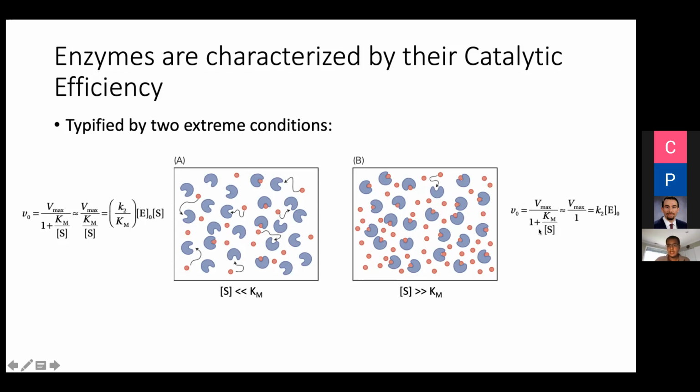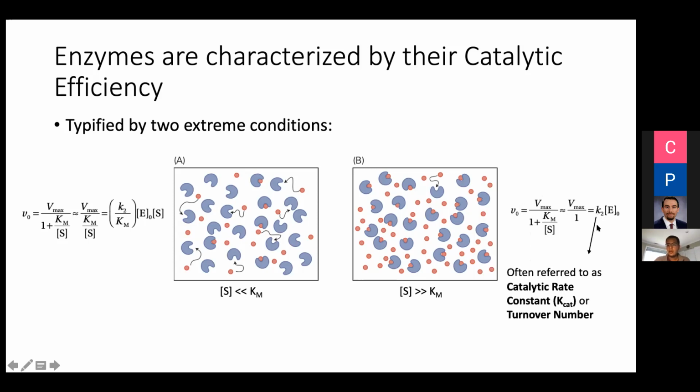This is again the same equation we derived before. And if S is much larger than Km, this fraction becomes extremely small. So we can say this entire thing becomes essentially Vmax, because we can just cross this off. And it turns out that V naught will equal K2 times E naught, which is just the Vmax.